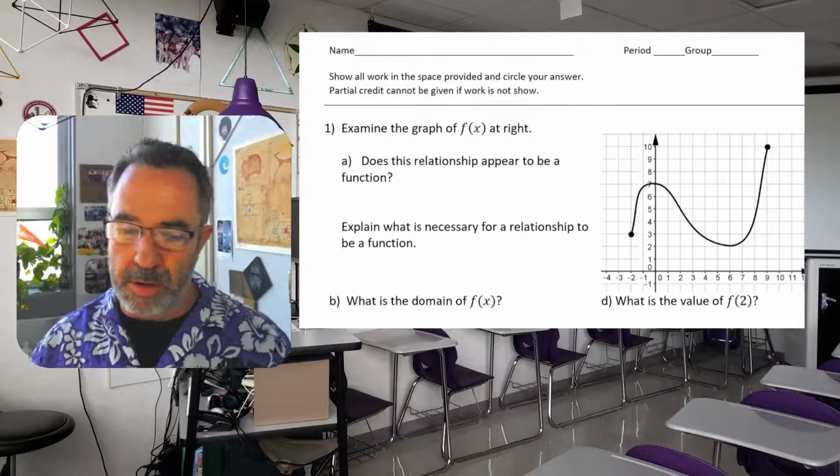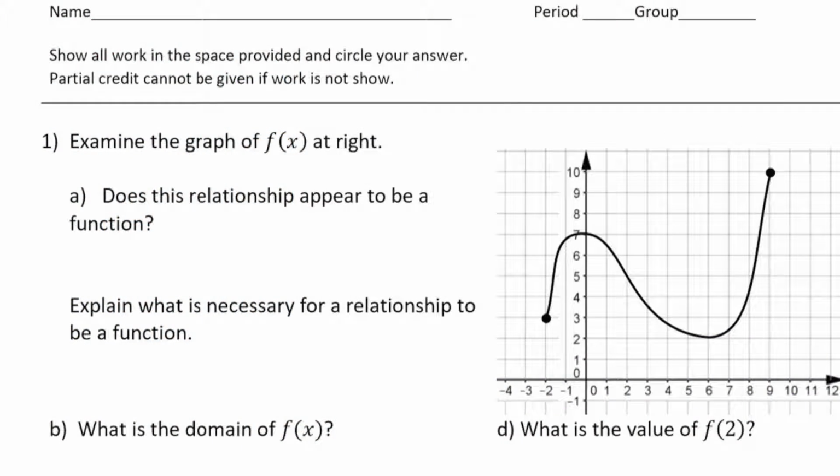So the first question here, we've seen enough, and the question is, does this relationship appear to be a function? At this point, I want to contrast, well, what would a non-function look like? And this is a great example, right?